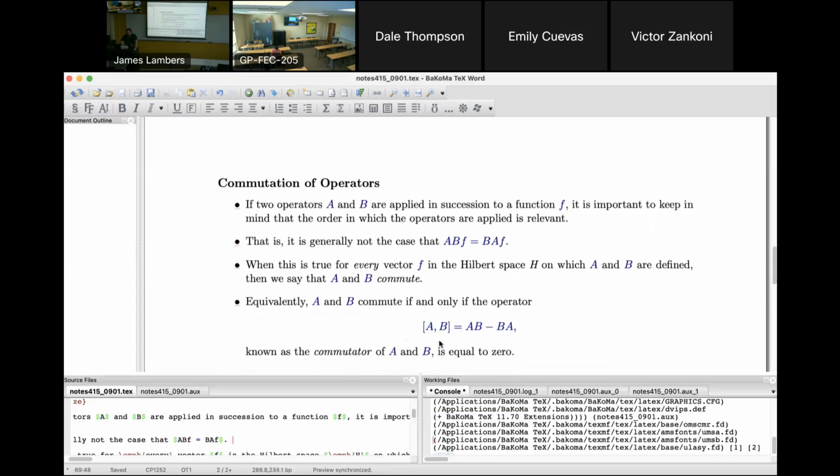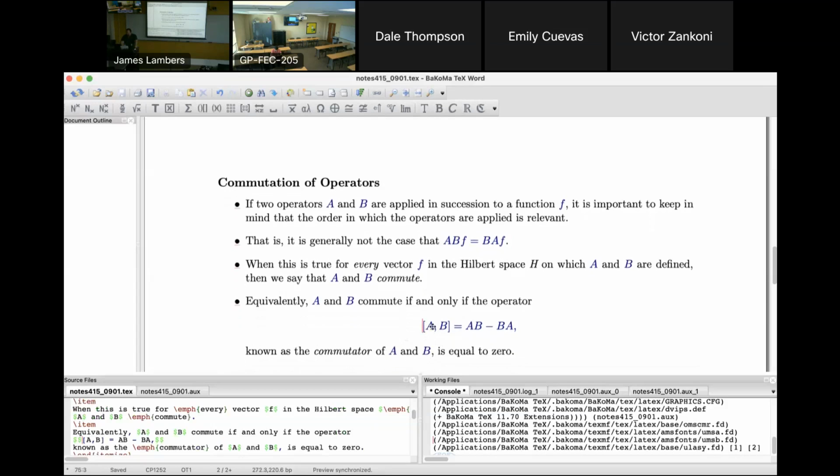So the commutator of a and b is defined using this notation, square bracket a comma b. And that's just defined to be AB minus BA. So if the commutator of A and B is 0, that means AB equals BA.